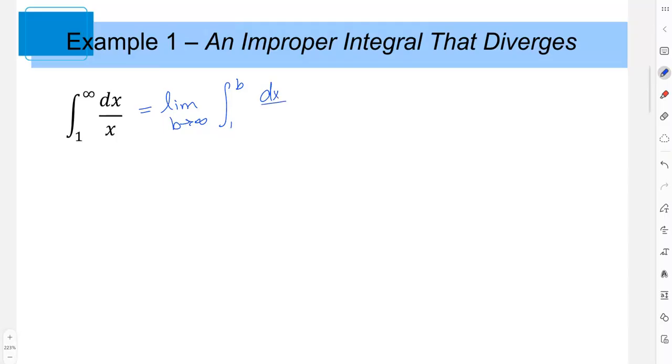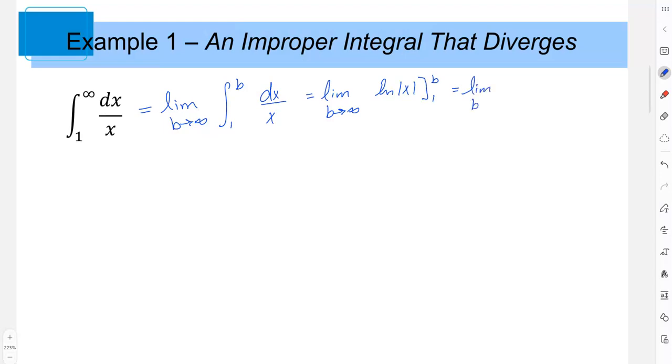And this is the dx over x, or we could think about it as 1 over x dx. And when I integrate that, we know that's our ln rule. So this is the ln of absolute value of x, going from 1 to b.